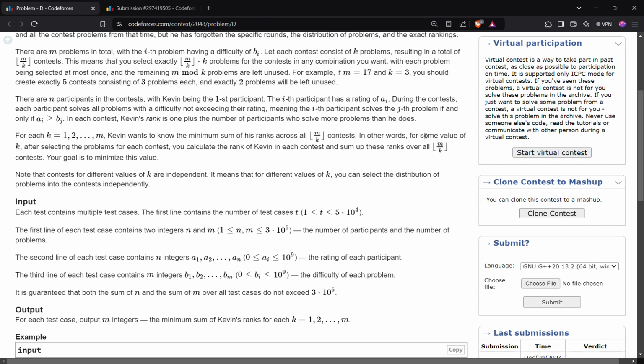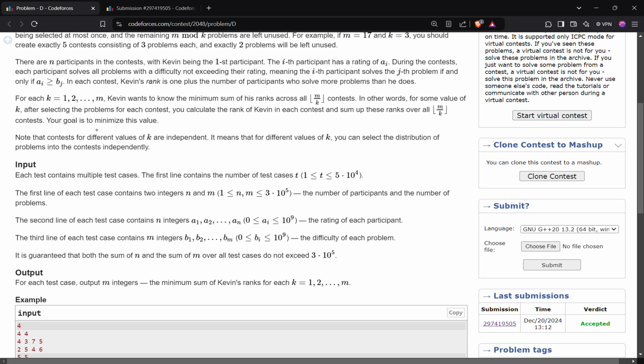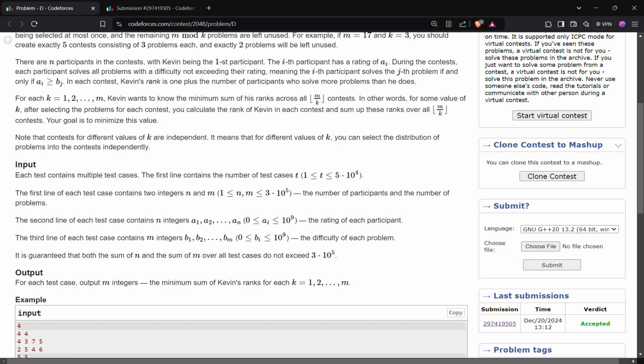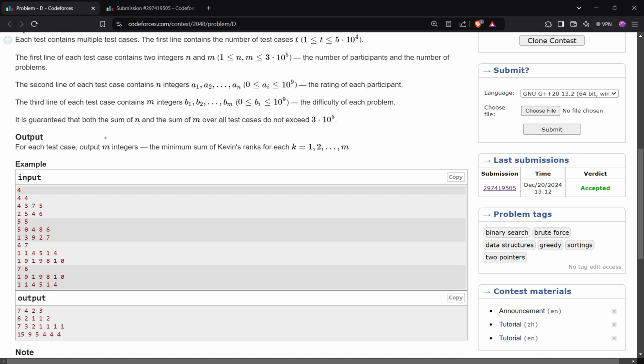In other words, for some value of k, after selecting the problems for each contest, you calculate the rank of Kevin in each contest and sum up these ranks over all contests. Our goal is to minimize this value. Note that contests for different values of k are independent. It means that for different values of k, you can select the distribution of problems into contests independently.